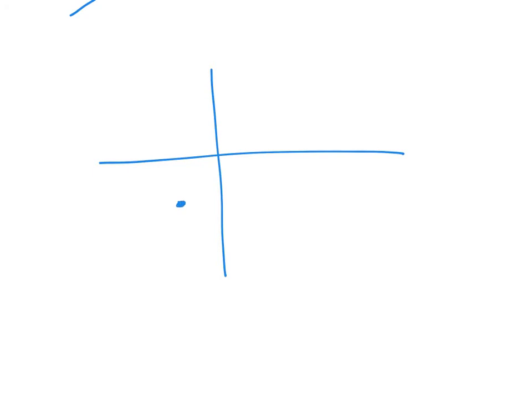Let's say this point is x1, y1. And this point up here is x2, y2. And let's talk about the line that runs between those.